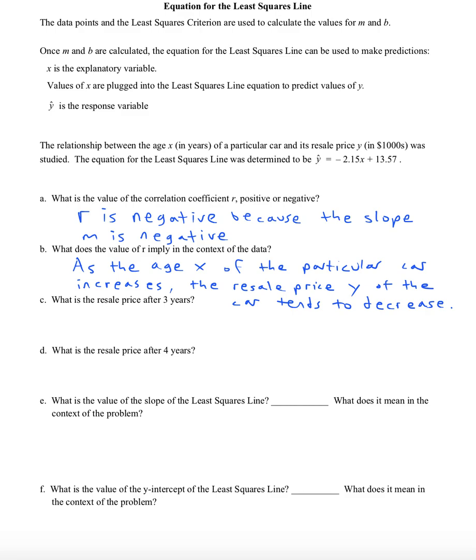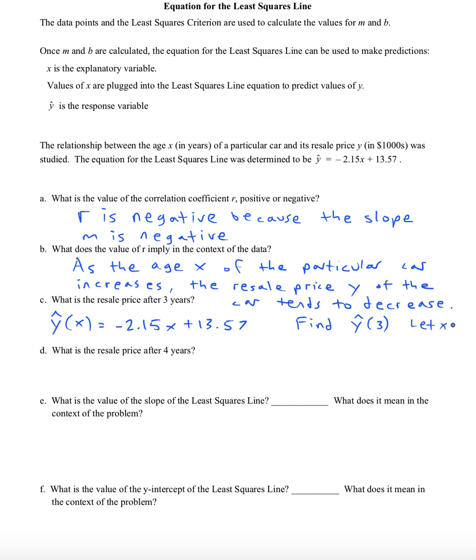Now, what would be the resale price prediction for a car that is 3 years old? So for this, we want to start off with the original equation. Y hat of X equals negative 2.15X plus 13.57. And we want to plug in the value of 3. So find Y hat of 3.